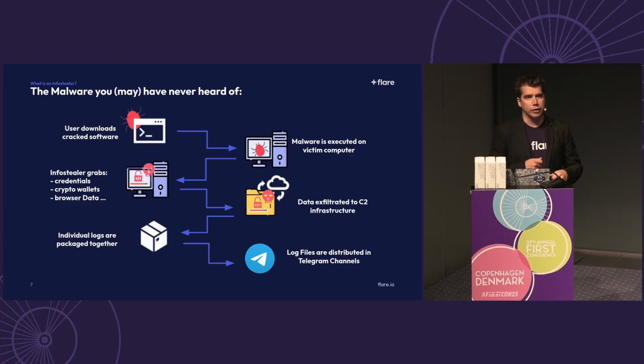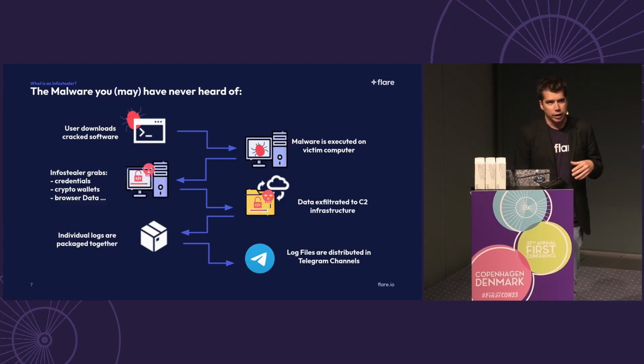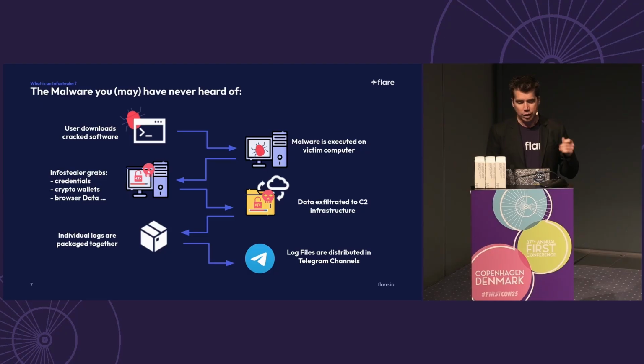The screenshot, the autofill, the credentials, everything that is stolen is packaged a little bit differently. But this is the key piece of intelligence that we have and that I worked with in building this presentation. Then these log files are distributed on Telegram channels, sometimes on their own, sometimes packaged up into bigger collections of information stealer log files.